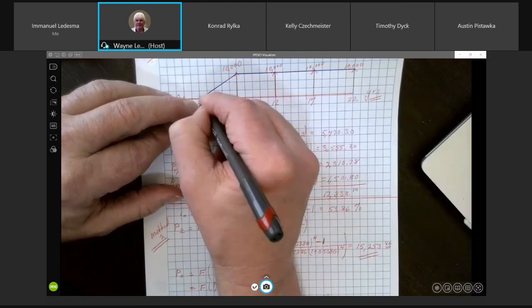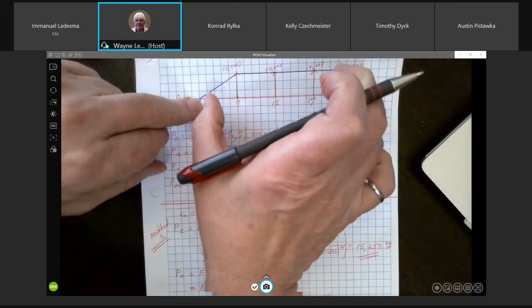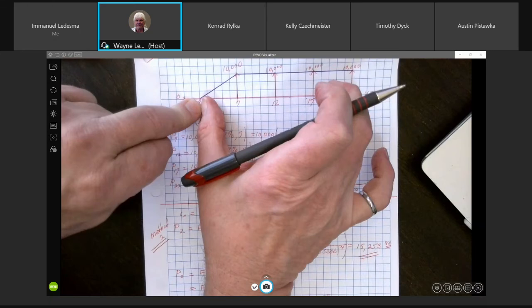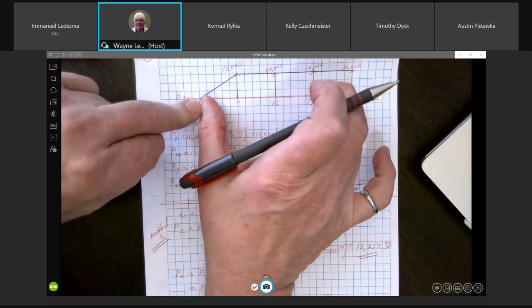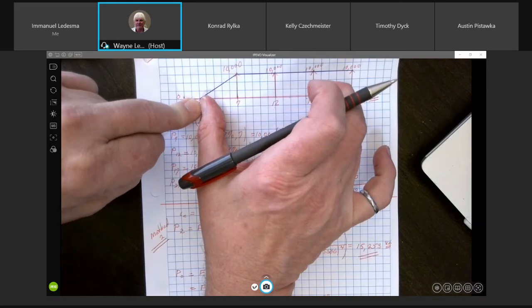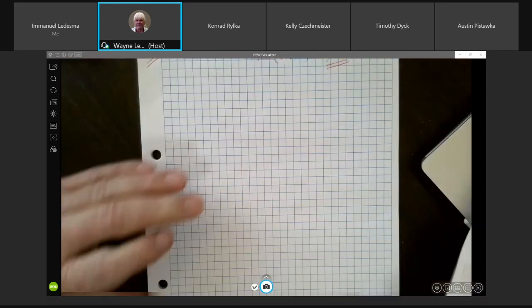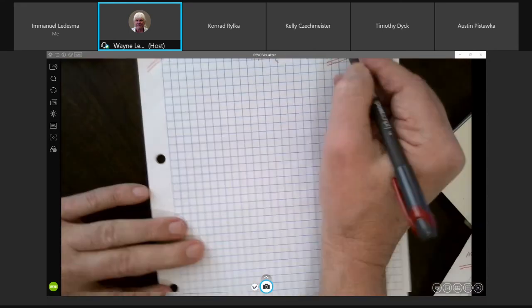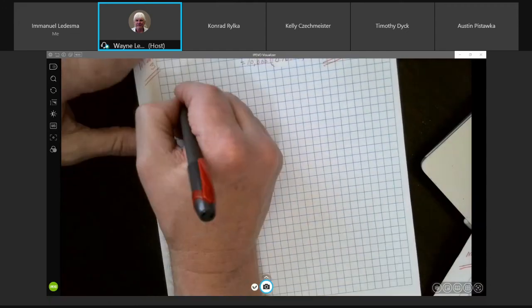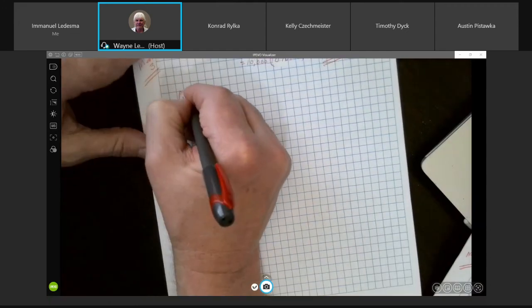Total of 20 of them. So I can now take that annuity with 20 intervals of the amount we just calculated here, and bring it back to P2.